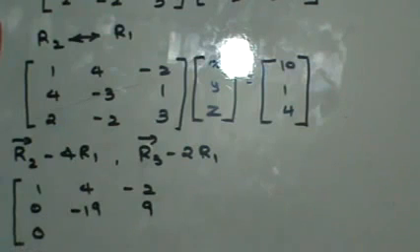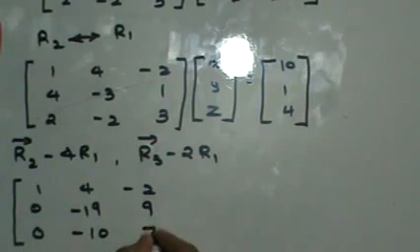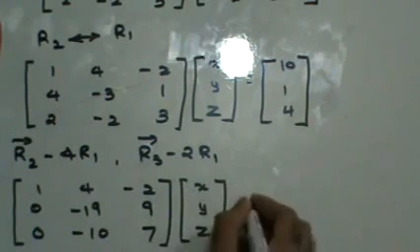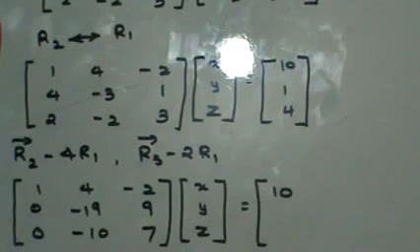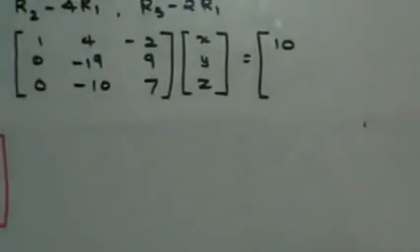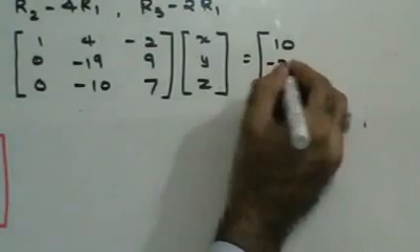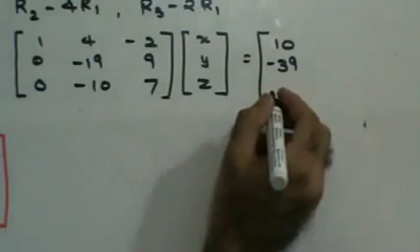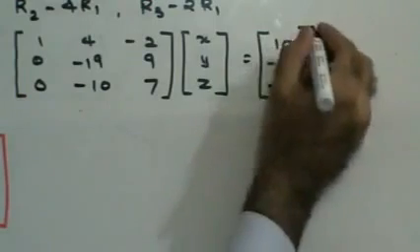Next, 2 minus 2 is 0, minus 2 minus 8 is minus 10, 3 plus 4 is 7. The right side is 10, minus 39, minus 16.